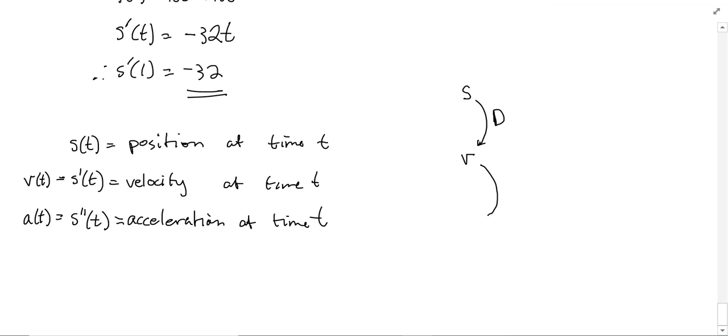Then if we differentiate that again, that brings us down to acceleration. The antiderivative, or the indefinite integral, as we sometimes view it, will bring us back up. So if I take the antiderivative of acceleration, I get velocity. And if I take the antiderivative of velocity, I get back up to position.